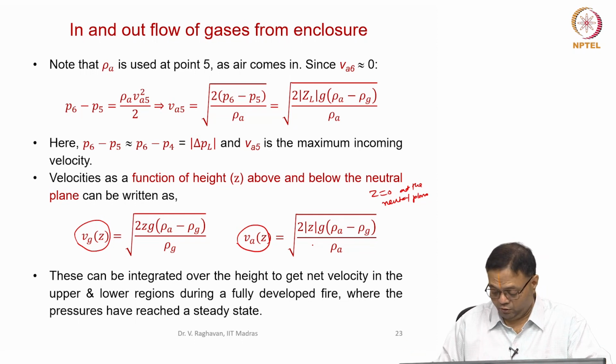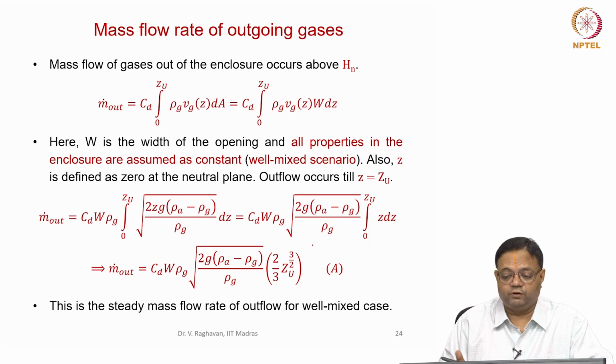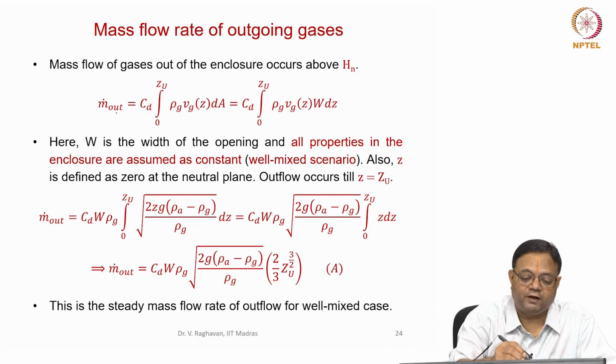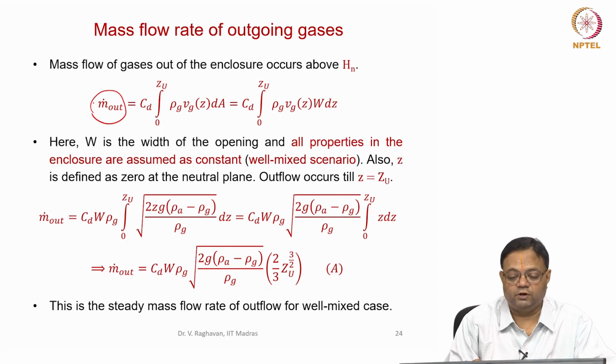We have already seen that. So based on these velocities, we have calculated the mass flow rate of the gases in and out of the enclosure. For example, the mass going out can be written as some coefficient of discharge CD into integral of the mass flux into area, that is rho g Vg into dA.